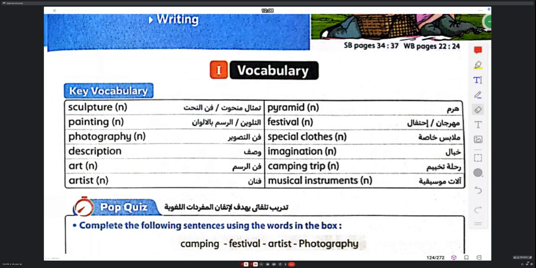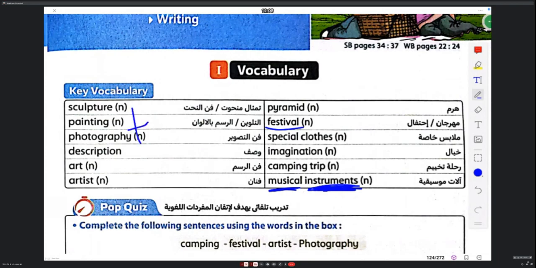Painting, photography, description, art, artist, pyramid, festival, carnival, special clothes, imagination, camping trip, musical instruments. We use instrument for music or scientific tools.